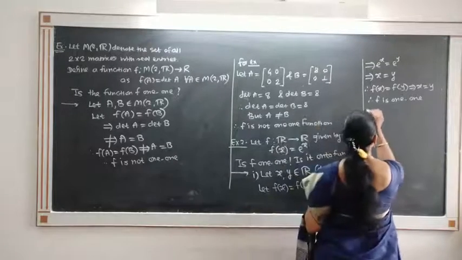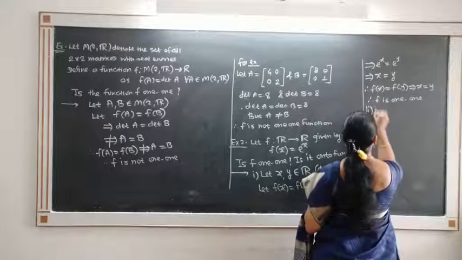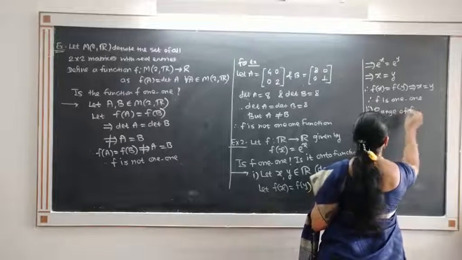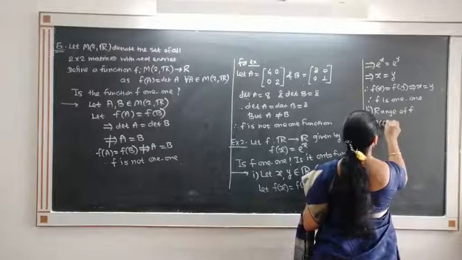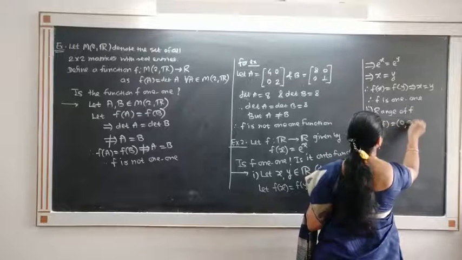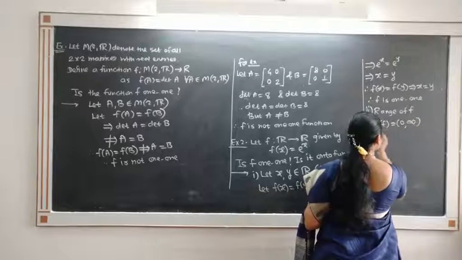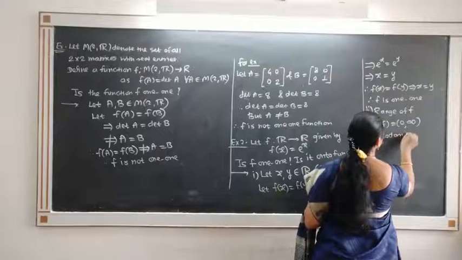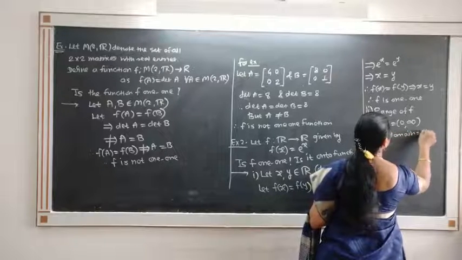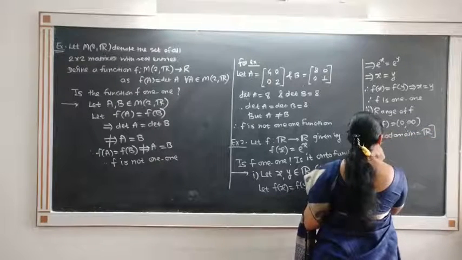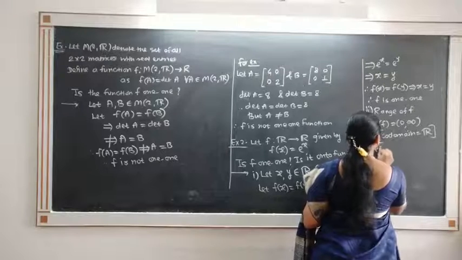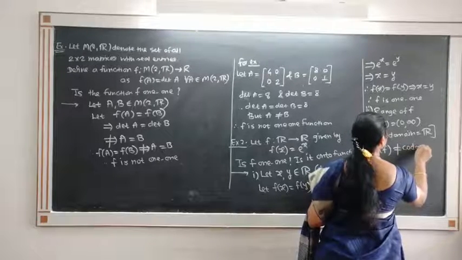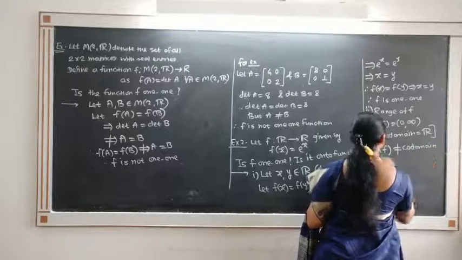If you find the range of f, it is not equal to codomain. What is codomain here? That is real numbers. Because range is not equal to codomain implies that the function is not onto.